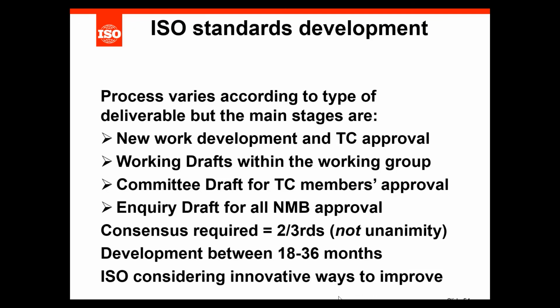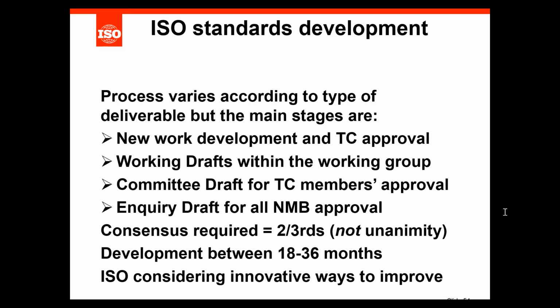Yes, so the critical elements of the process. New work item development is approved by the TC. The working drafts are dealt with within the working group, and then there are a couple of ballots. There's a committee draft for approval at TC level, which is to make sure that it's heading in the right direction.